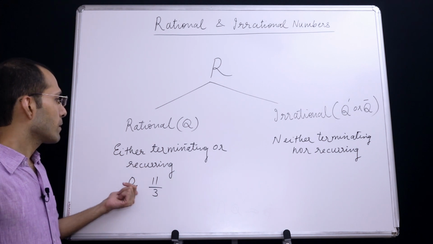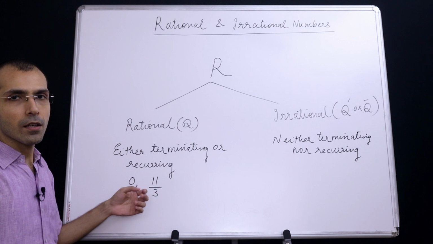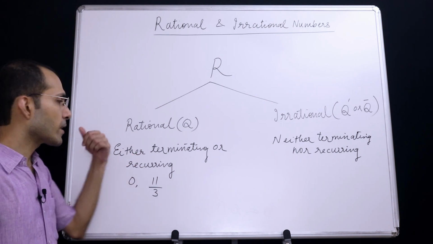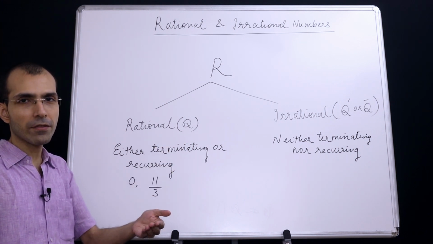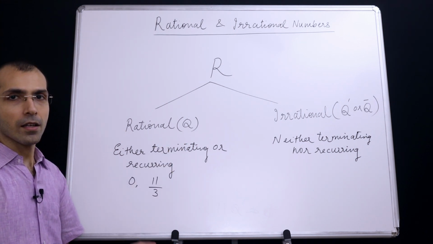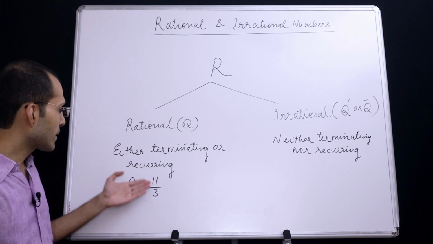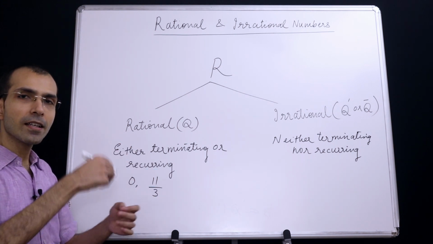This is also a rational number because you take any fraction, either it will terminate, like say for example 5 divided by 2, 5 by 2 is a fraction, 2.5. Either a fraction will terminate or it will recur. Like 11 divided by 3, you just actually divide and see, it will recur.